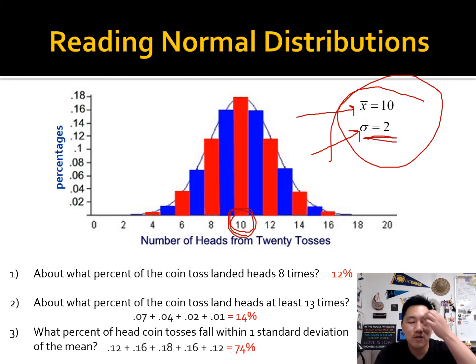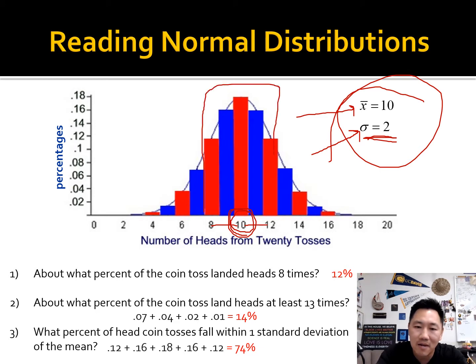And then every time you move 2 units up and 2 units down, that's considered 1 standard deviation. All right? And so the question is, what percent of head coin tosses fall within 1 standard deviation of the mean? And so basically from 10 to 12 is considered 1 standard deviation away. And from 10 to 8 is also 1 standard deviation away. All right, so we're looking at this amount of data.